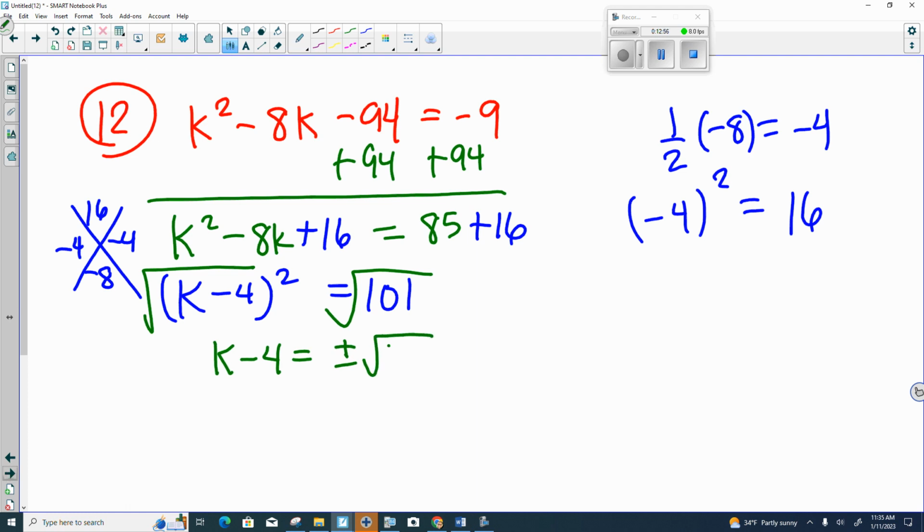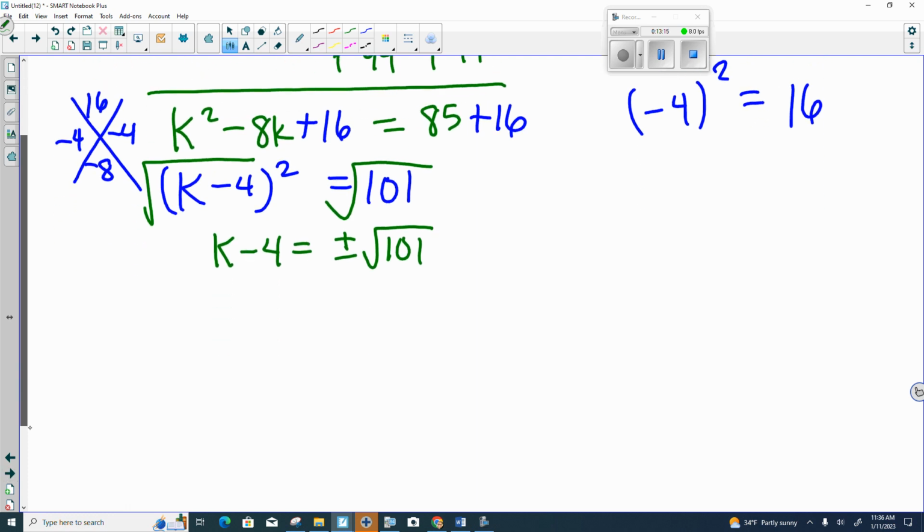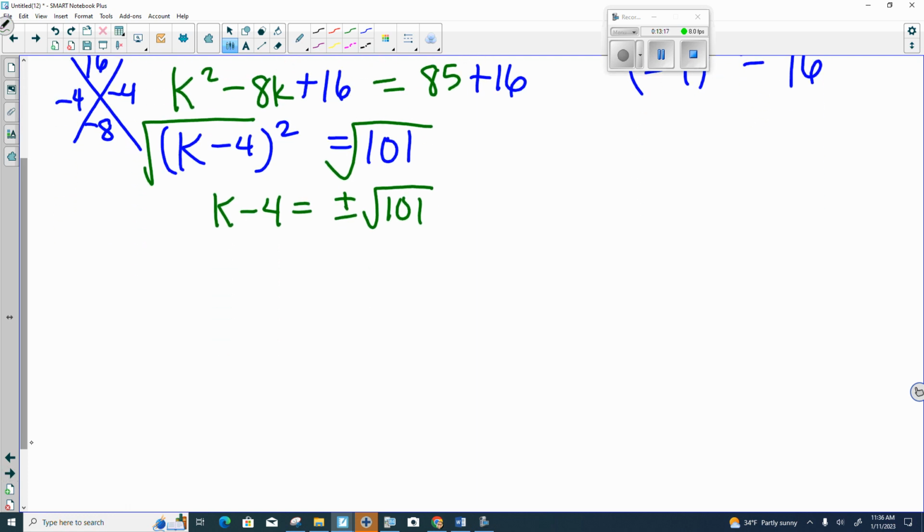I'm not going to forget my plus or minus. Almost done. We almost have the k by itself. Jesus, what else do we need to do to get that k by itself? It's not a perfect square root, but we do need to get rid of the minus 4. How do we do that?